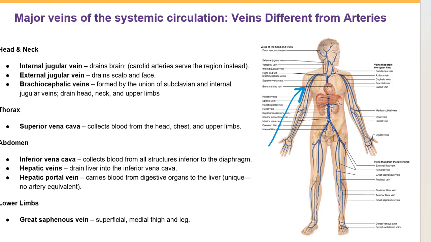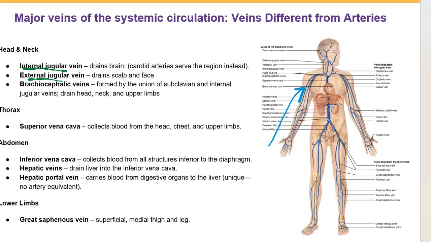For example, in the head and neck region, we have internal jugular vein and external jugular vein. These are coming from the brain and also the head and the face, and are going to be released into the brachiocephalic vein.